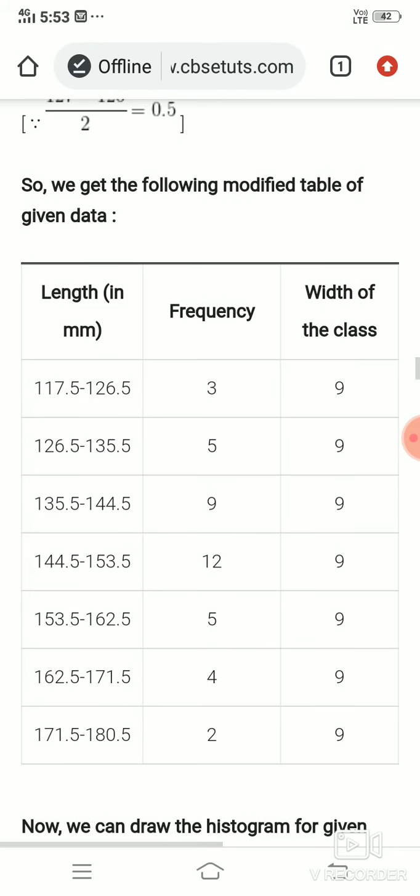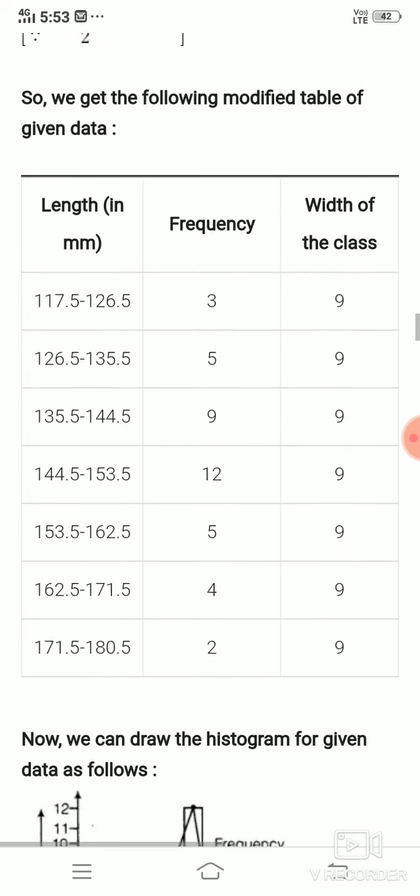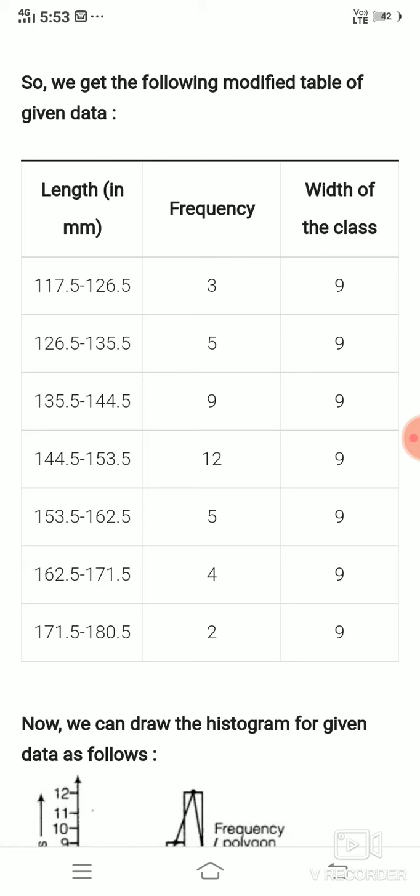That is the class adjustment. So subtract 0.5 from the lower limit and add 0.5 to the upper limit, and continue this process from the first interval to the last interval.